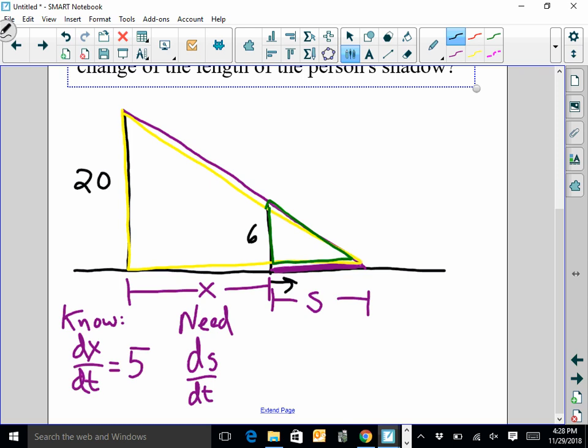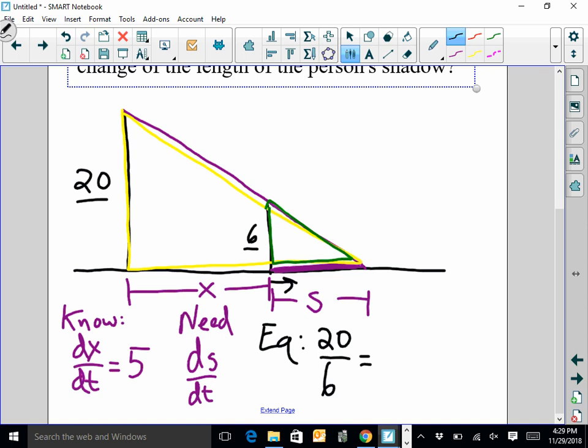I'm just going to set up the proportions of my right triangles. I'm going to start with the big triangle, 20, over the corresponding side of the little triangle, which would be 6, right? 20 and the 6 correspond. So 20 over 6 has to equal the base of the yellow triangle.